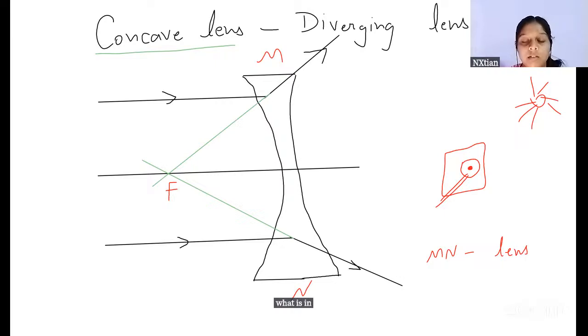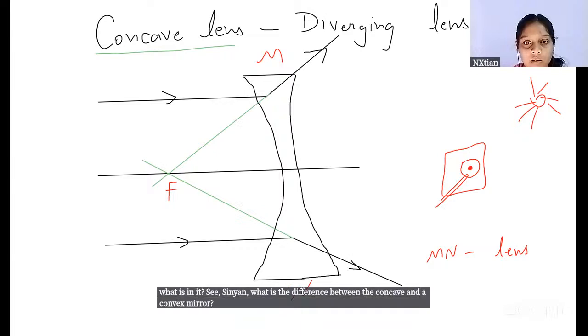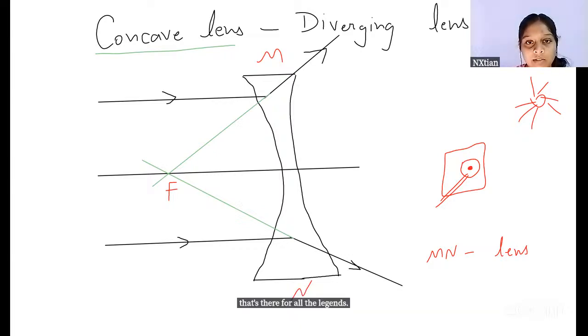See, Simeon, what is the difference between a concave and a convex mirror? The concave mirror curves inwards and convex curves outwards.